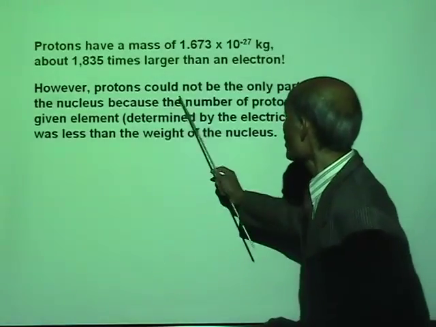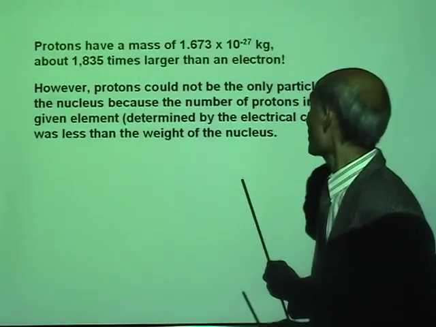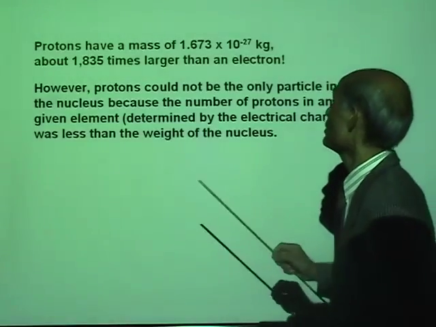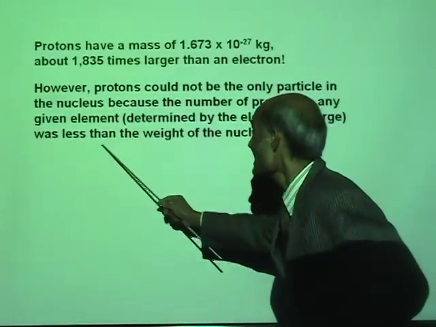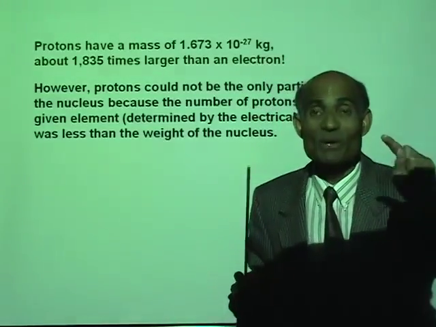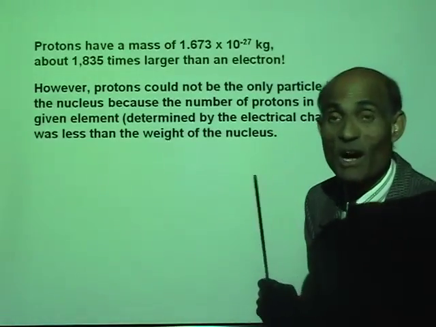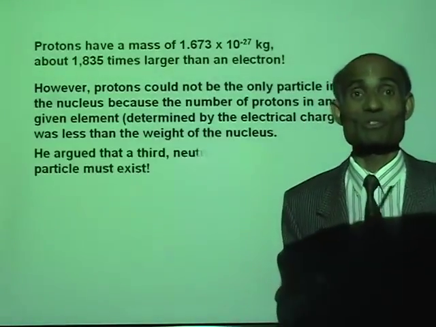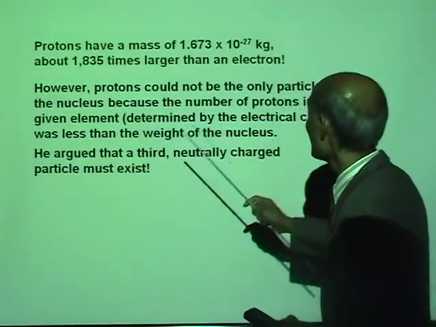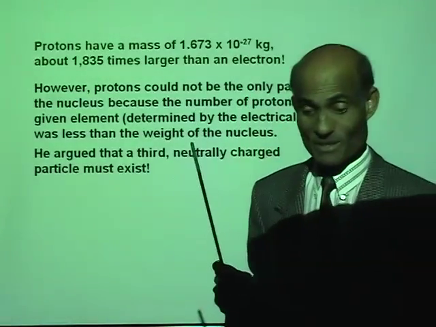However, protons could not be the only particles in the nucleus, because the mass of the protons in any given element is less than the mass of the nucleus. Well, that's what I was telling you. The mass of the nucleus suggests that protons are not the only particles in the nucleus. So he argued that a third, neutrally charged particle must exist.